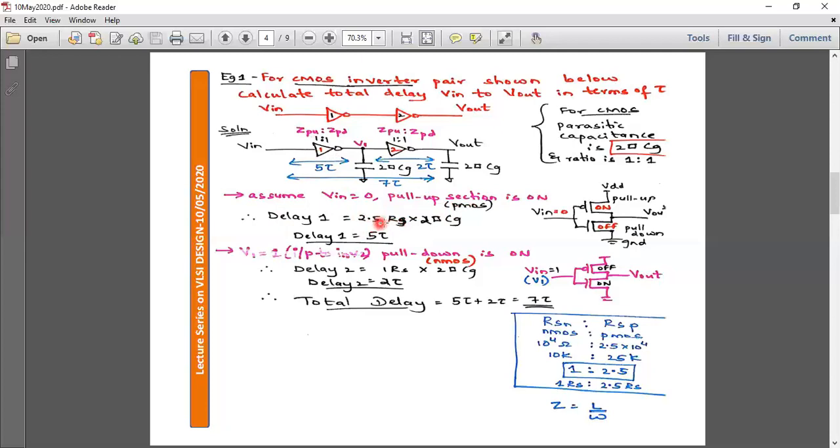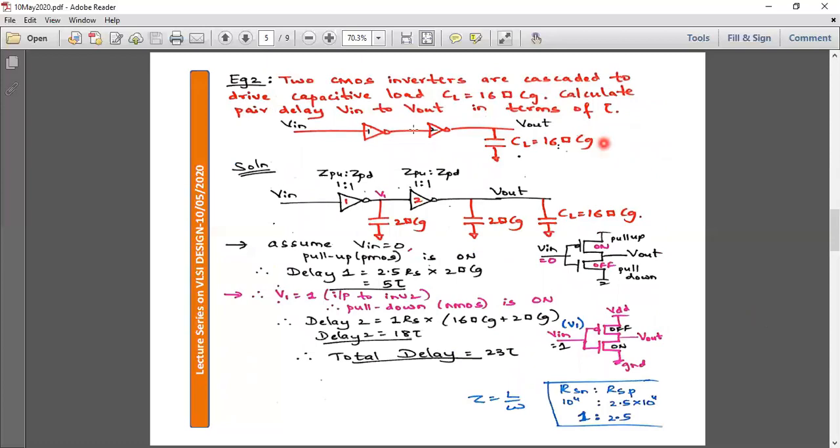So 2.5 into 1 gives 2.5 Rs, and the parasitic capacitance is 2 Cg. Therefore, delay is 5 tau. Similarly, the input to the second inverter is 1, therefore pull-down is on, and pull-down is NMOS. For inverter 2, the pull-down ratio is 1 and the resistance for pull-down is 1. So 1 Rs, parasitic capacitance is 2 Cg, and the delay is 2 tau. So the total delay is 7 tau.